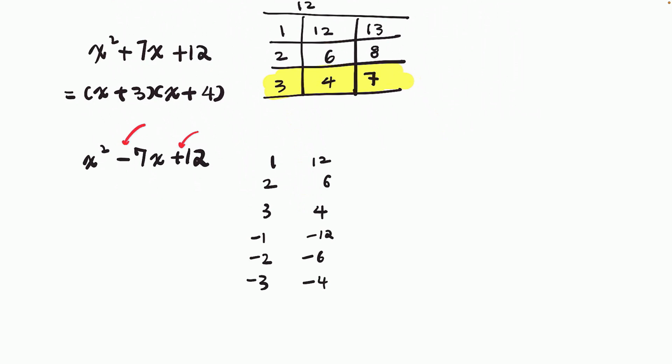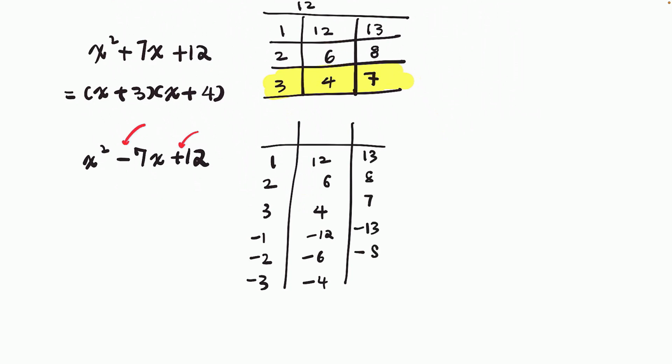And I think you can also see the practice is that we look for the sum. Okay, so 13, 8, 7, negative 13, negative 8, negative 7. And obviously, this is the one that we want. Therefore, we can just say x minus 3 and x minus 4 is what we are looking for.